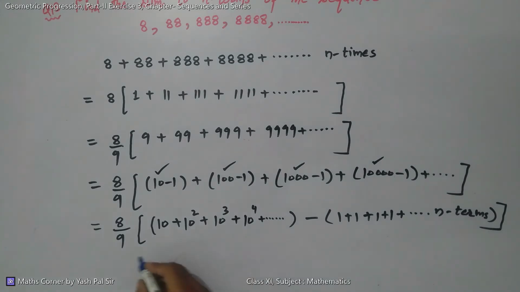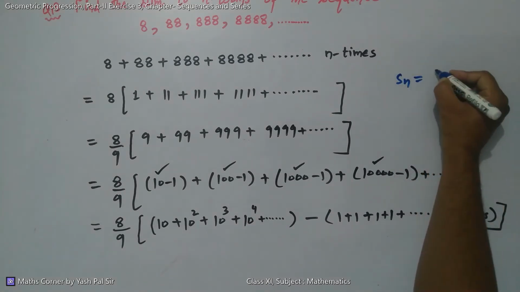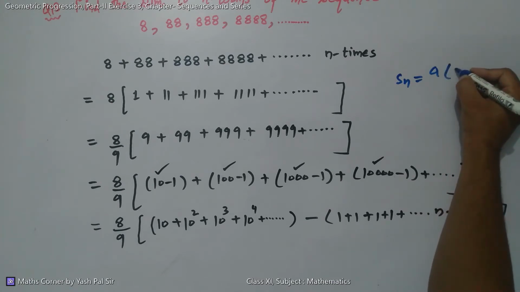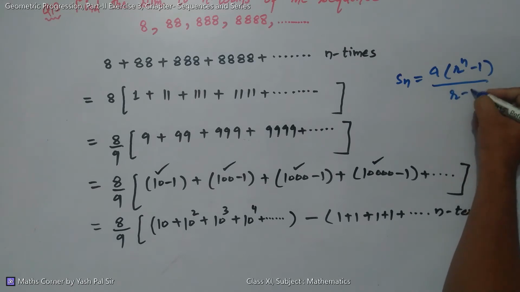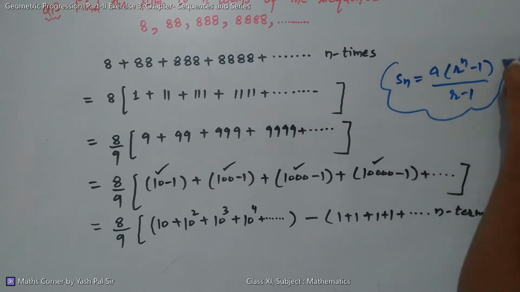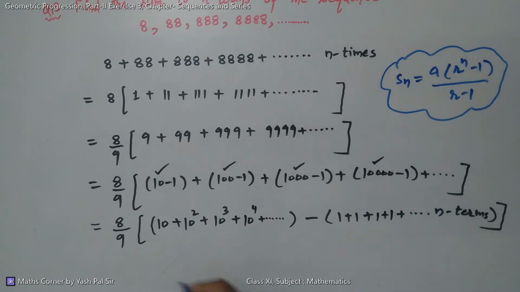So we use the formula. Which formula do we use here? Sum to n terms of a GP is equal to a into r raised to power n minus 1 divided by r minus 1, because r is equal to 10, which is greater than 1, so we use this formula. Applying this rule here, 8 upon 9 into a, meaning 10, into 10 raised to power n minus 1 divided by 10 minus 1.